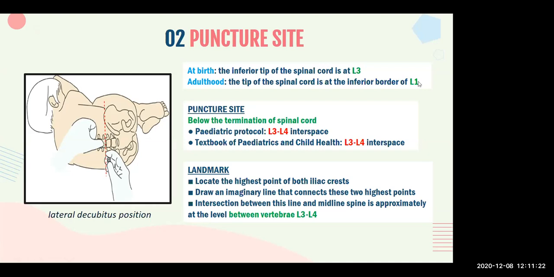The intersection between this line and the midline spine is approximately at the level between the vertebrae L3 and L4, as you can see in the left picture. So the red dotted line is at the L3, L4 vertebral interspace. So we must puncture the needle at that space.